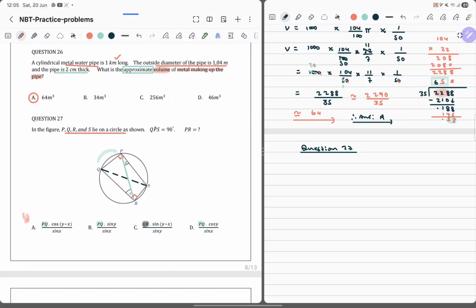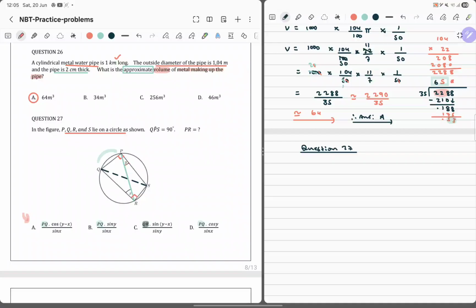If PQ shows up 3 times, we need to explore something that uses PQ. Now, PQ is a common side to these triangles here, this one and that one.